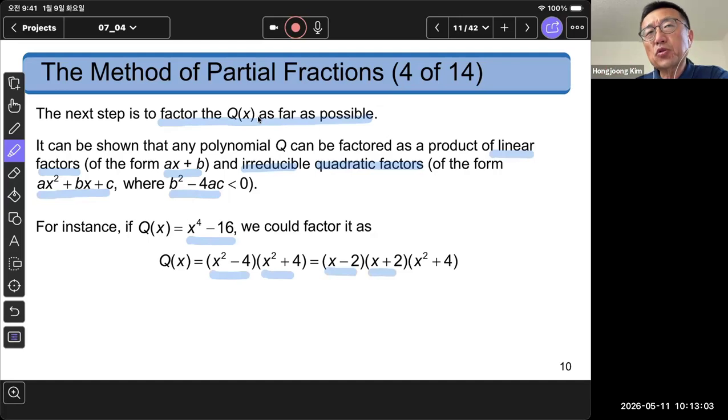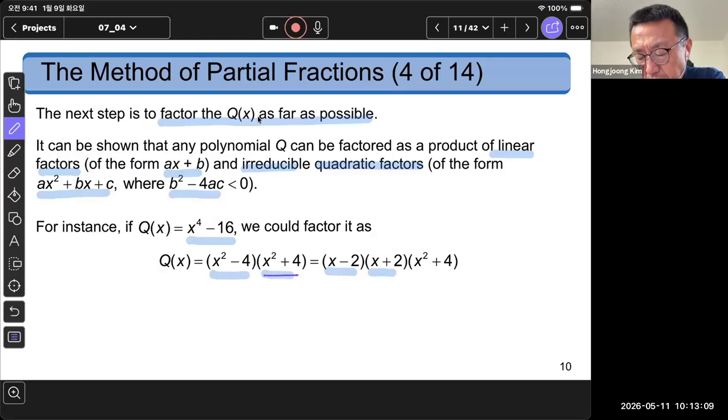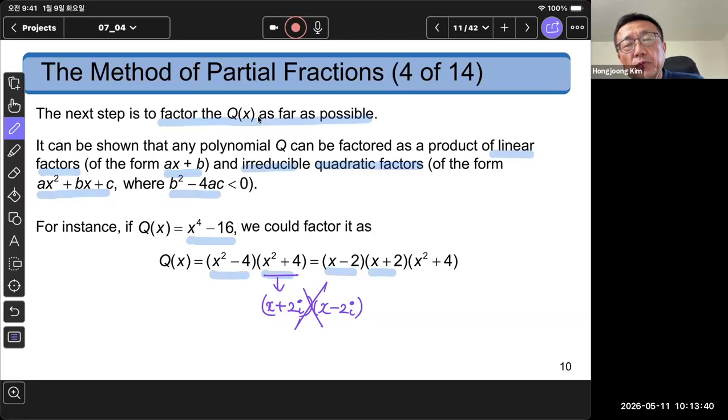But in case of x squared plus 4, if you go one step further, then you need to introduce x plus 2i times x minus 2i. So unless you introduce this imaginary number, you cannot factor this x squared plus 4, right? We don't want to consider these complex numbers in our class. We want to play with only the real numbers. So within the real coefficients, x squared plus 4 cannot be factored, so we just leave it as it is.